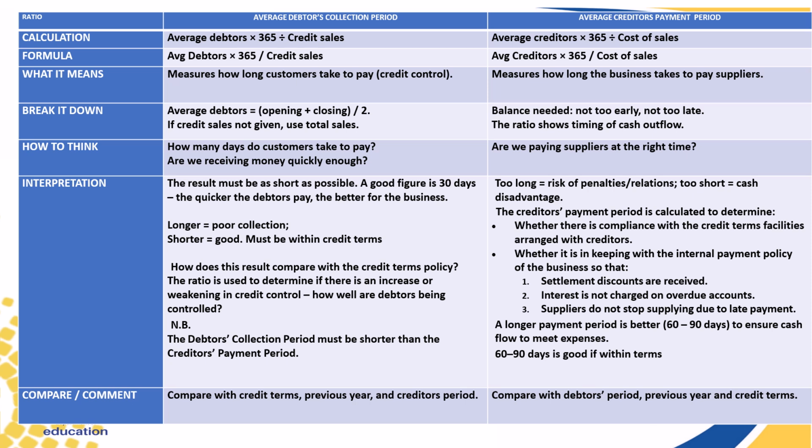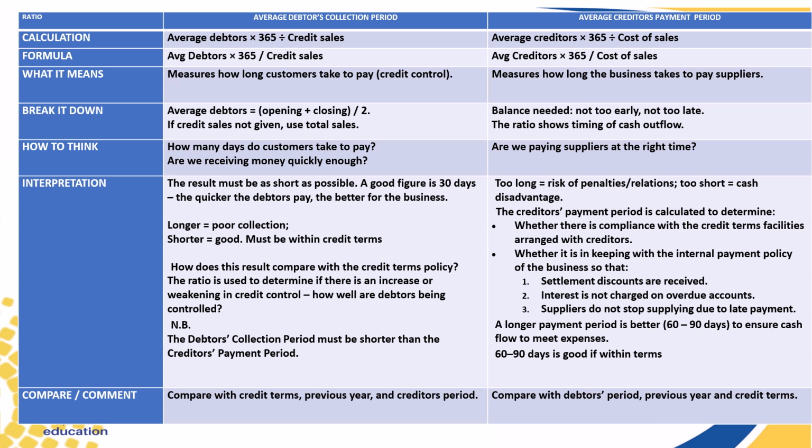We want our debtors to pay us before we have to pay our creditors. Ideally, we want our debtors to pay us within 30 days. And if we can arrange with our creditors, we would like to take at least 60 to 90 days. If they don't want to give us more than 60 days, you have to pay within 60 days. Otherwise, you're going to pay interest or you're going to pay penalties.